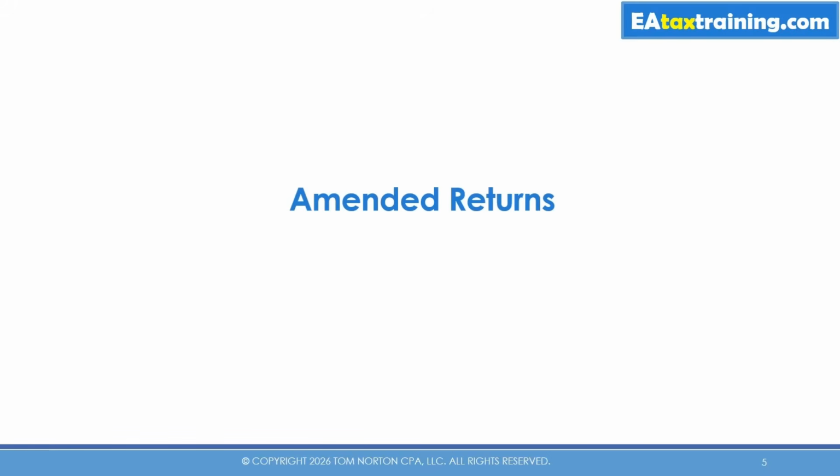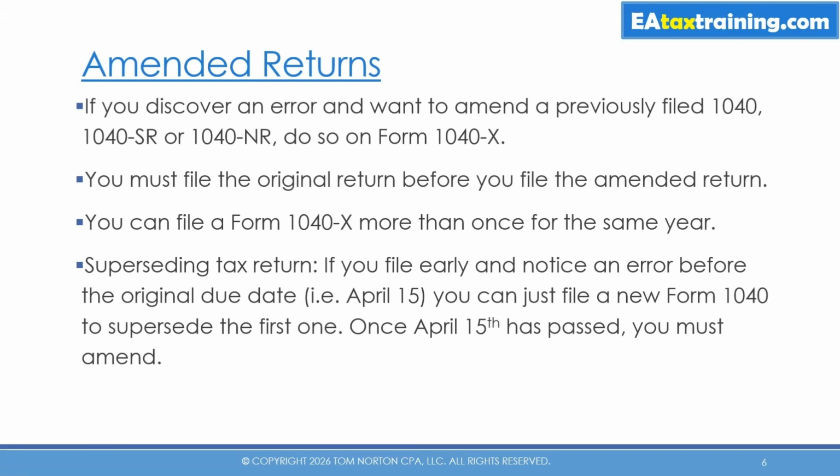Let's start by talking about amended tax returns. If you discover an error and want to amend a previously filed 1040, you do so on a Form 1040X. Anytime you see the X at the end of a form number, that signifies that it is an amended return.